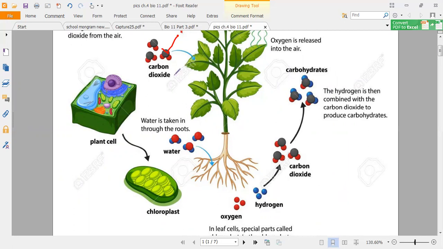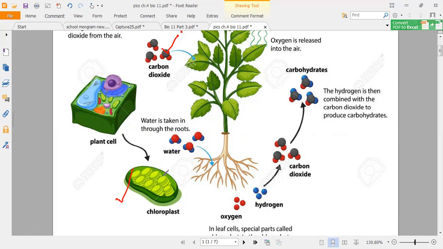We know that carbon dioxide is taken in through the stomata and water is taken from the roots, and it goes to the leaves, because leaves are the food factories. The production of carbohydrates occurs in the leaves. In the leaves there is chloroplast.